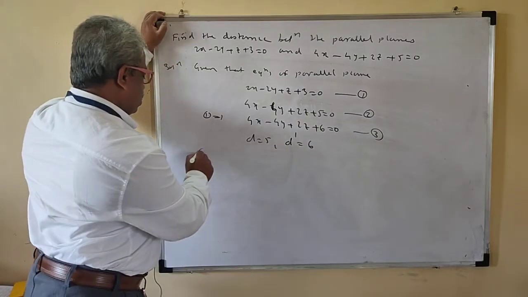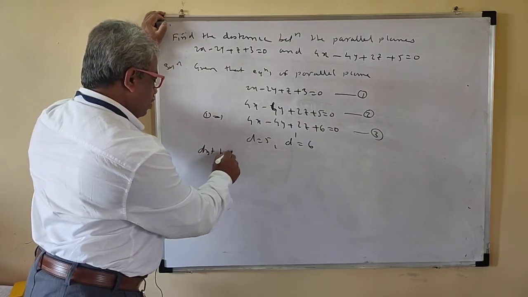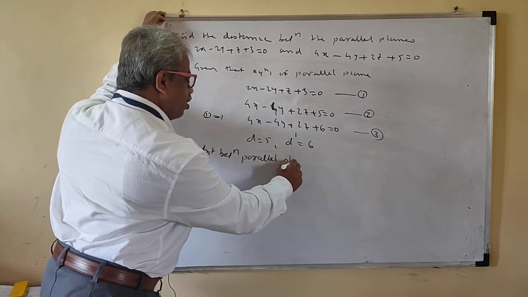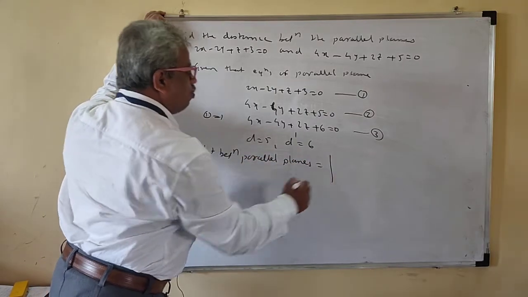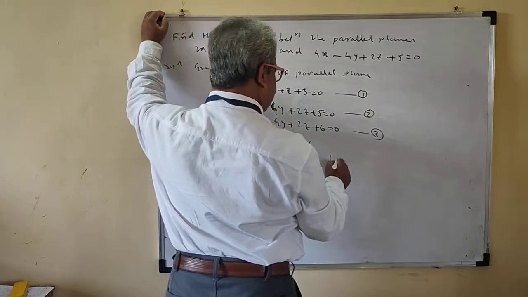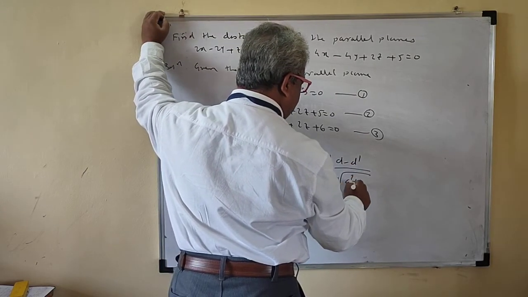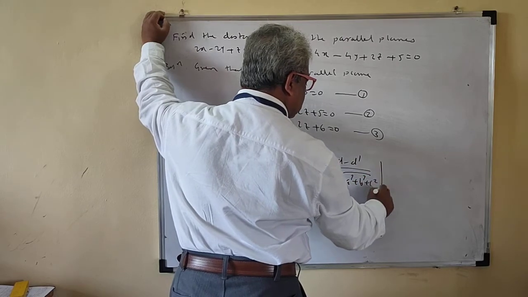So the distance between parallel planes is equal to mod of d minus d dash upon the square root of a squared plus b squared plus c squared.